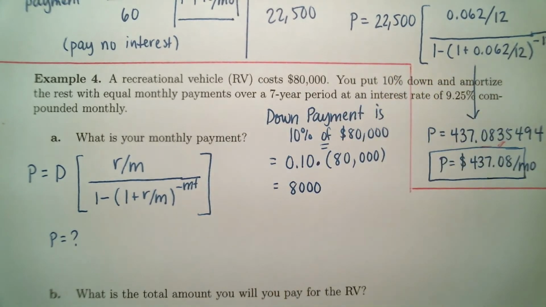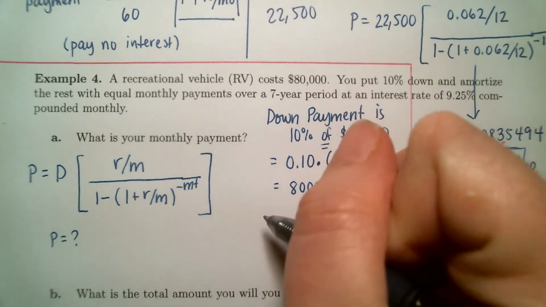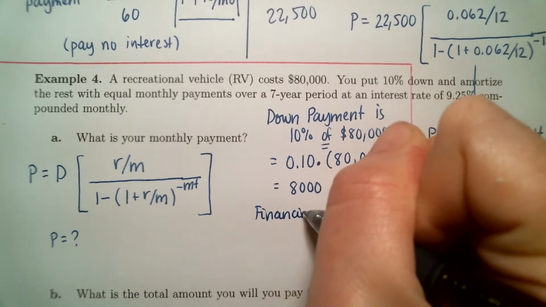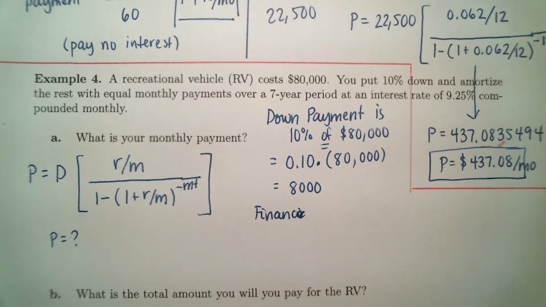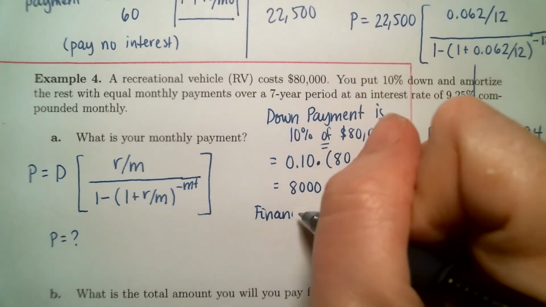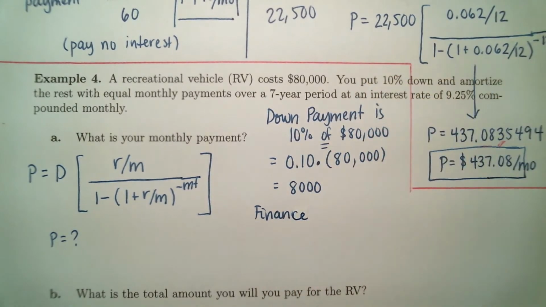So what's going on here is this RV costs $80,000. You pay $8,000 up front. That means you are going to finance the remainder, meaning you have to borrow money to pay the rest.